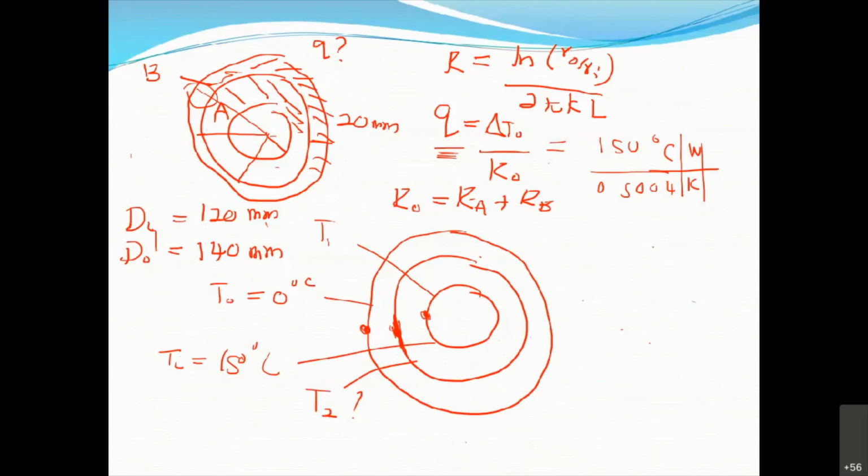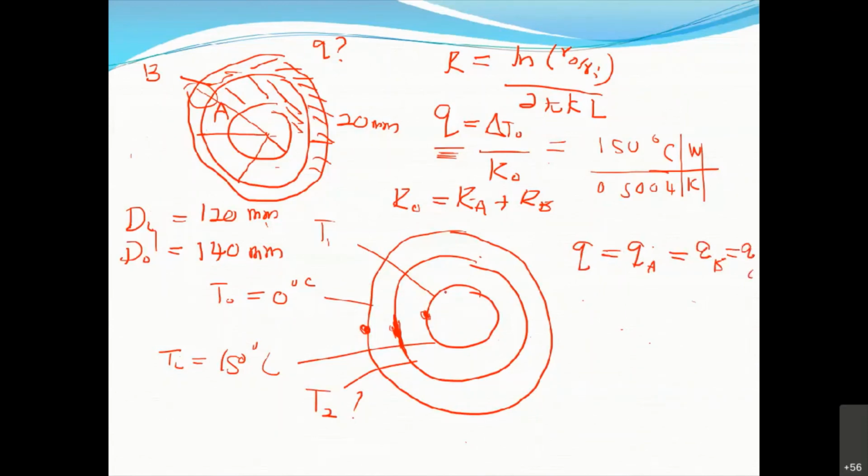So how do you find the temperature of T2? The same rule applies as for the multi-layer wall. We say that Q overall, Q, is equal to QA is equal to QB is equal to QC.